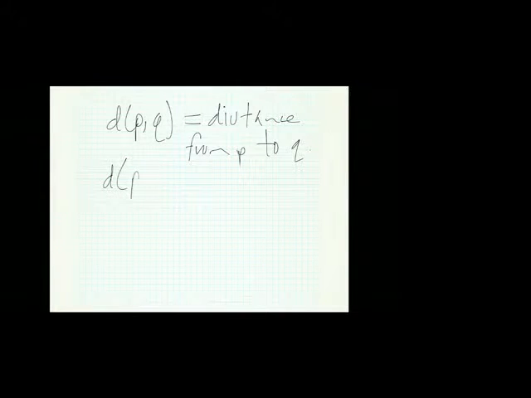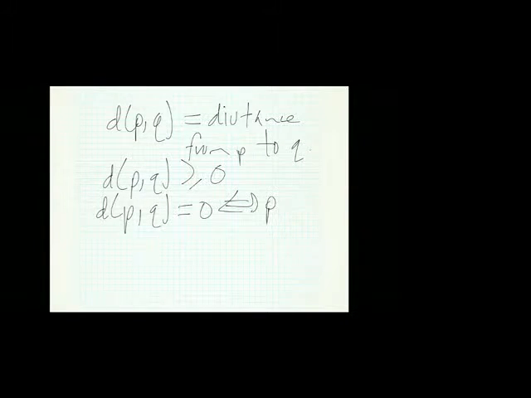What should the properties of that be? Well, the distance from P to Q is greater than or equal to 0. The distance from P to Q is equal to 0 if and only if P is equal to Q. Distance from P to Q is the same thing as the distance from Q to P. So these are all things that we already intuitively feel about distance.